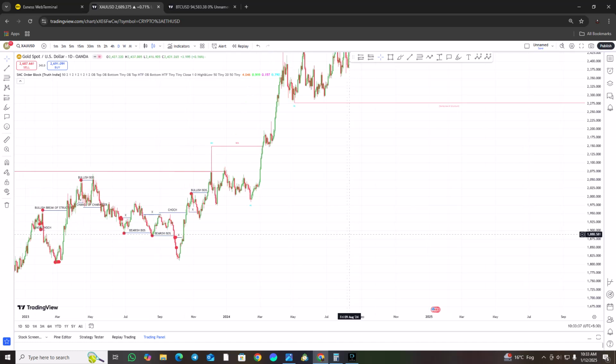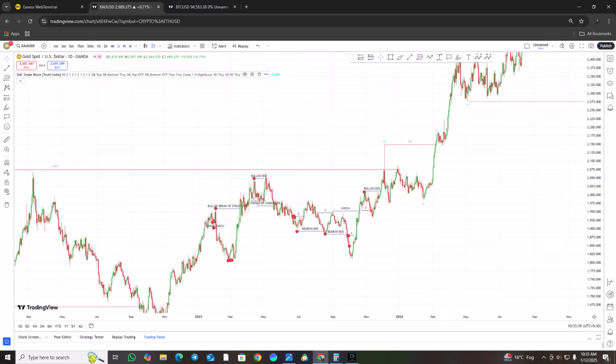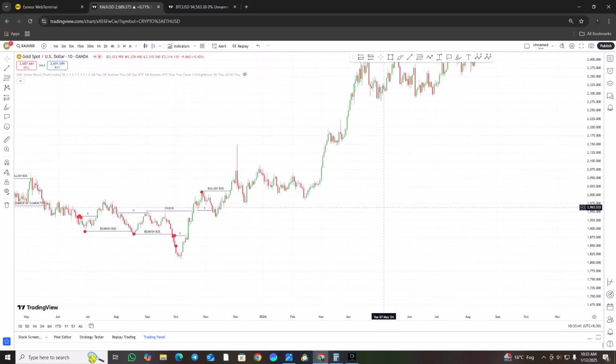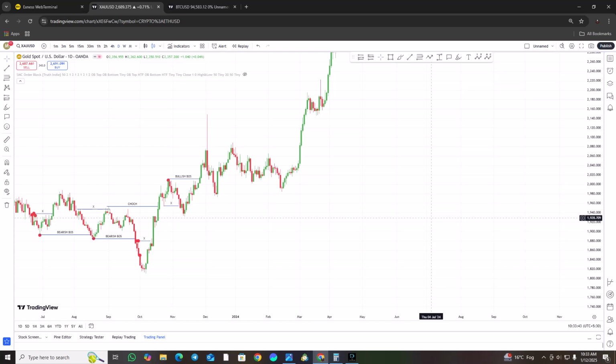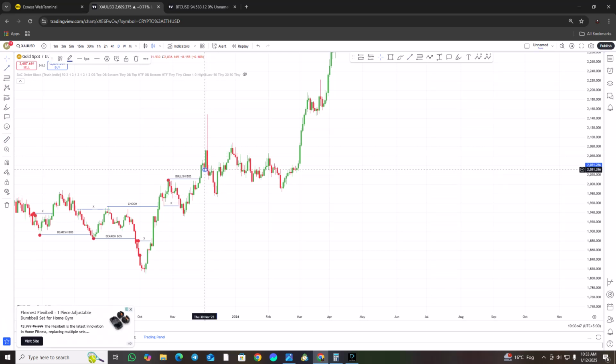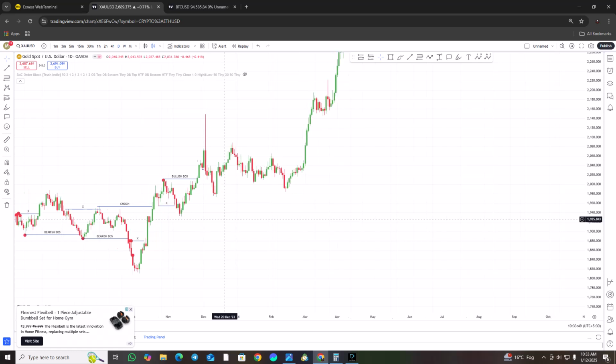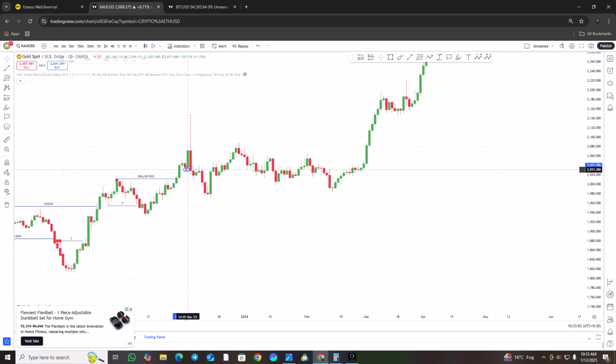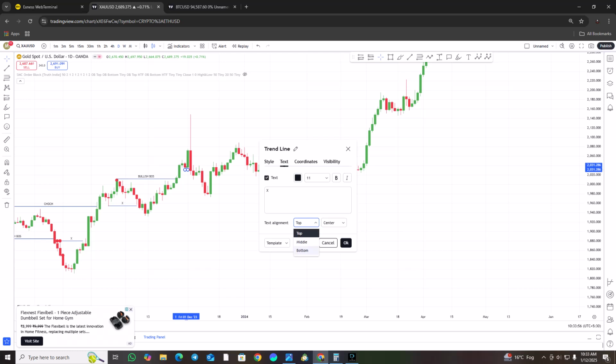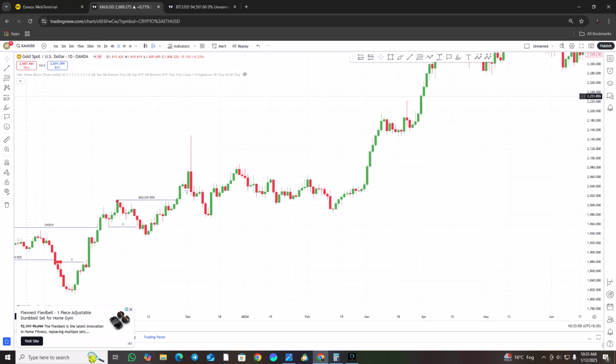If you clearly see, after this we had X over here itself. X over here, I think you can clearly see it, top bottom. X over here, and this is going to be a break of structure.